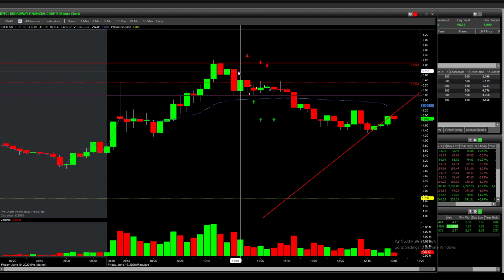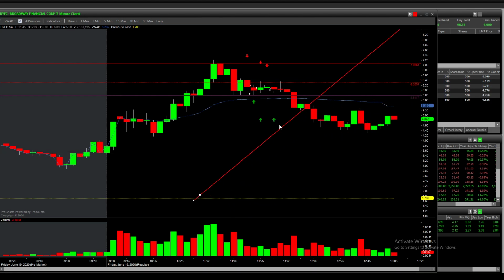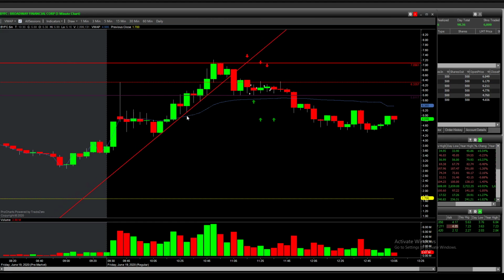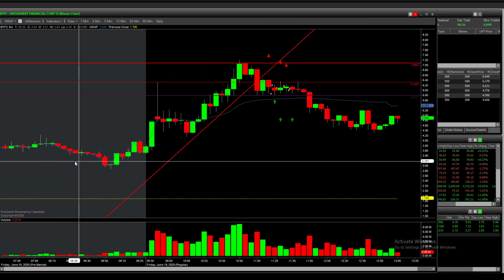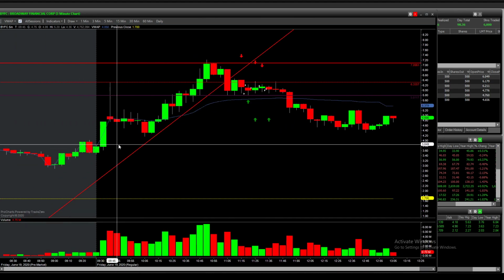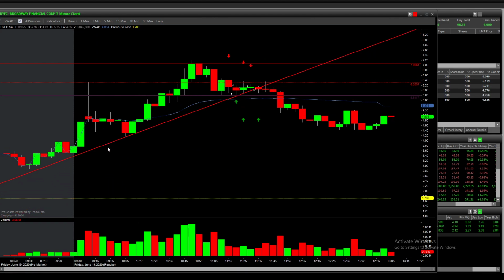So now the question is, where should I short? This is what we use, trend lines. The trend lines on Trade Zero are so bad anyways. I don't know why the trend line is moving like that, but let me put it back.